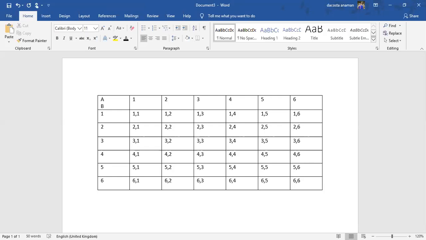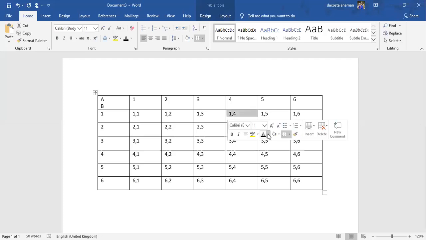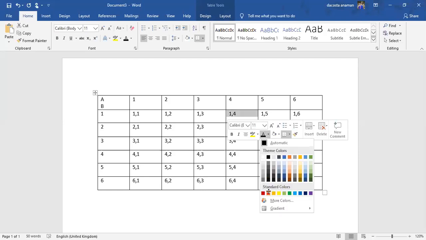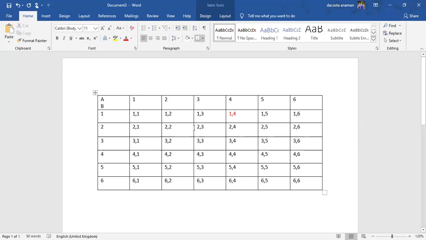And as in listing, the sum of them is 5. So 1 and 1 is not 5. If the sum is 5, you'll be getting 1 and 4. We'll be getting 2 and 3. Then what else? 3 and 2. We're getting 4 and 1.